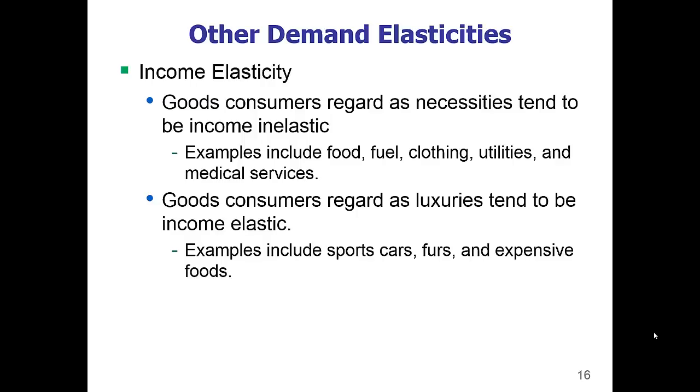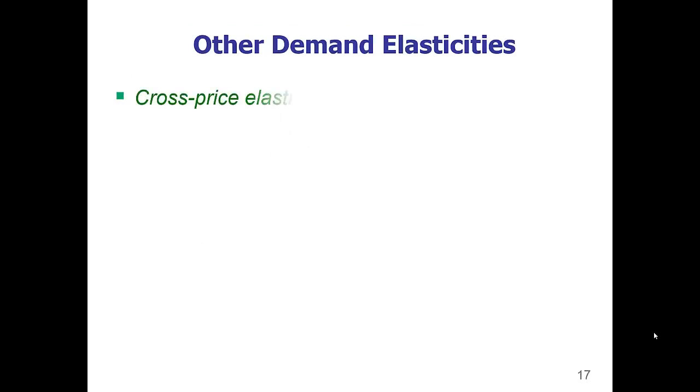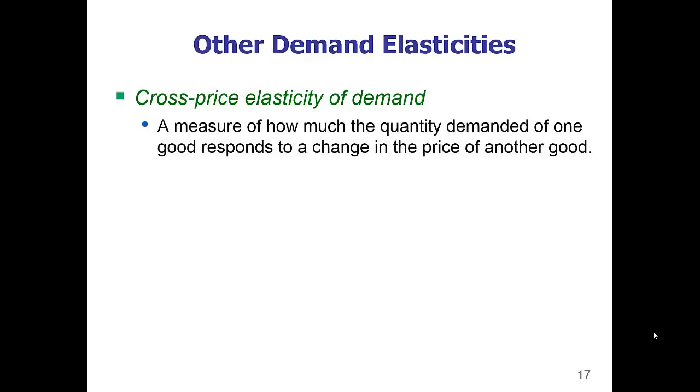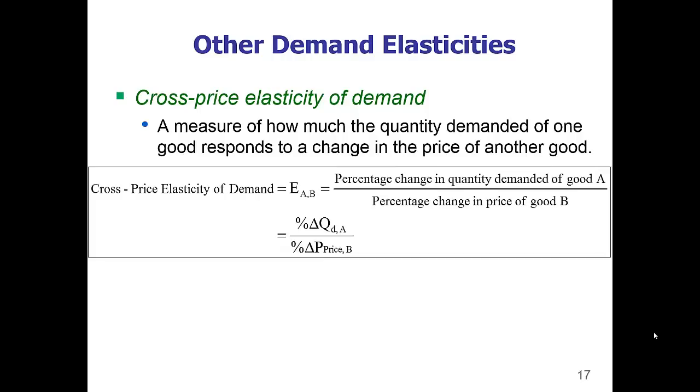Another demand elasticity is what's known as a cross-price elasticity of demand. Now, cross-price elasticity of demand looks at how the consumption of one good responds to the change in the price of another good. So here literally you are looking at how a change in the price of good B affects consumption of good A. So good B might be something like peanut butter, and good A might be jelly.